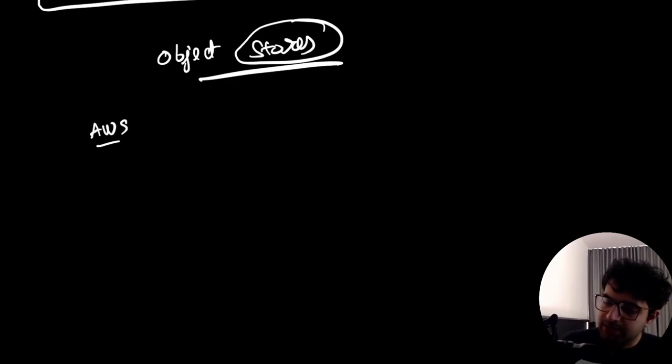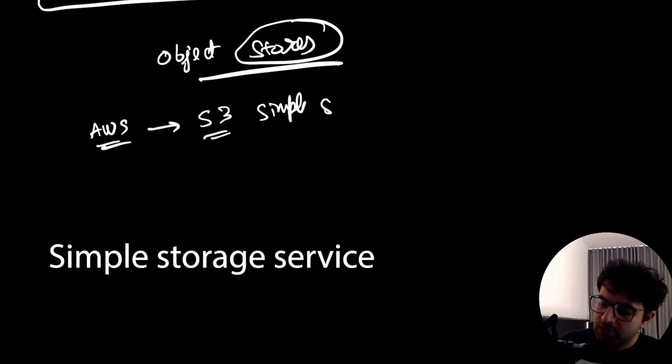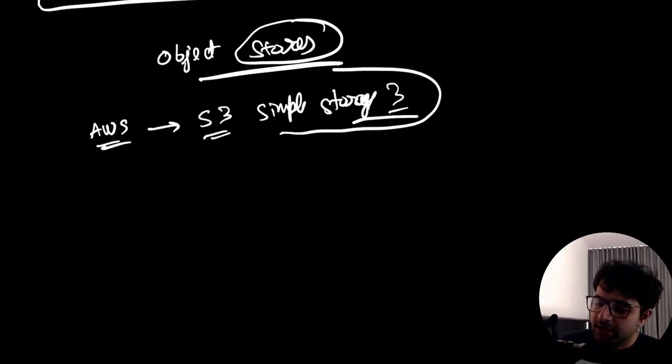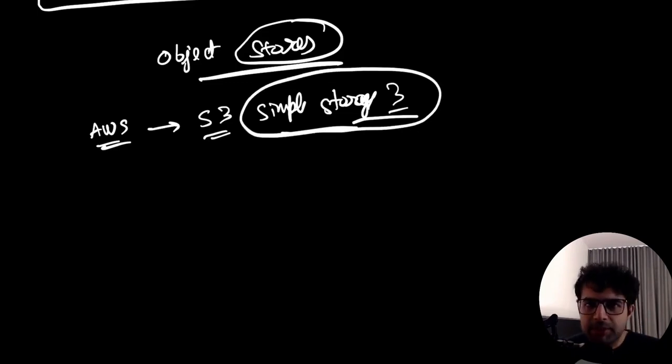AWS has the most famous object store called S3, which stands for Simple Storage Service, hence S3. Simple Storage says, if you want to store a website, if you want to store an MP4 file, come to me. I'm like Google Drive.